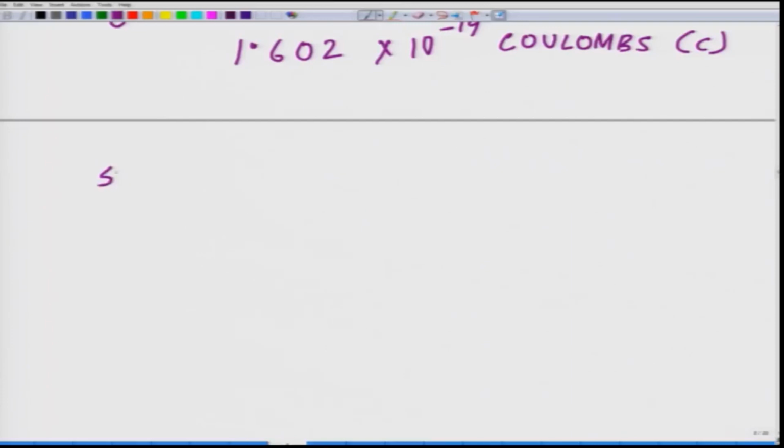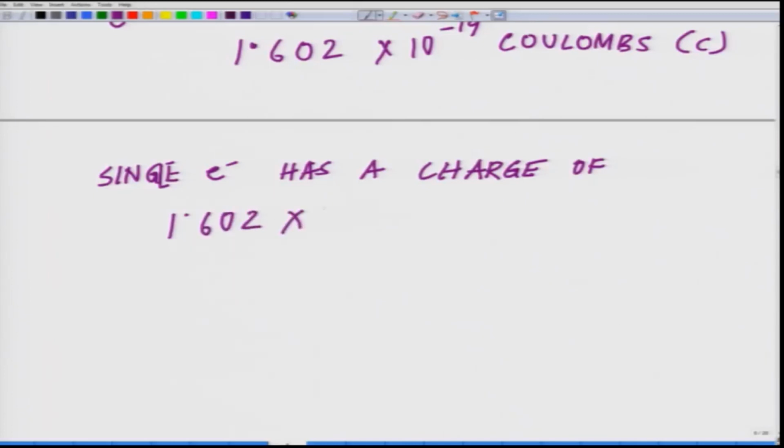So, a single electron has a charge of 1.602 into 10 to the power minus 19 coulomb.